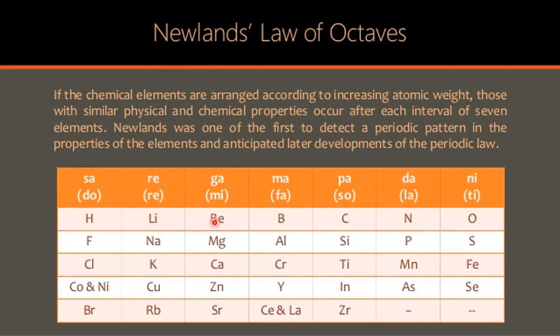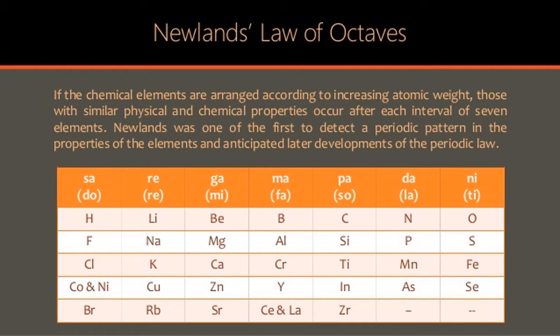This is 1, 2, 3, 4, 5, 6, seventh, and this is the eighth one, which has the same property as lithium. Now sodium is 1, 2, 3, 4, 5, 6, 7, eighth. The eighth is potassium. The eighth element has the same property as sodium.